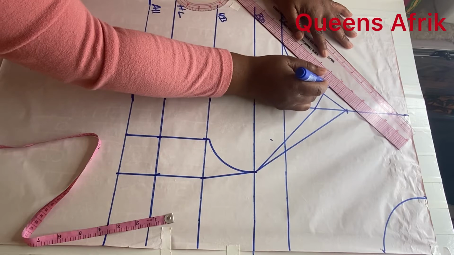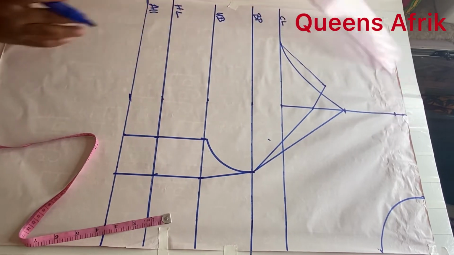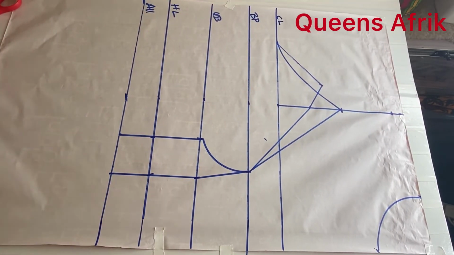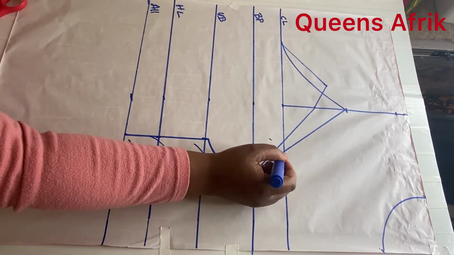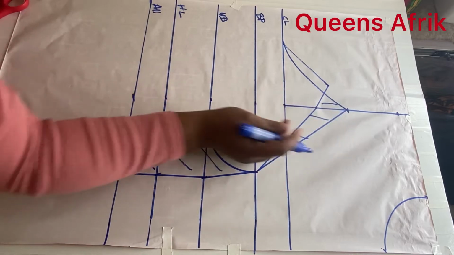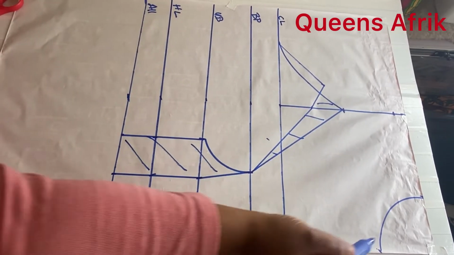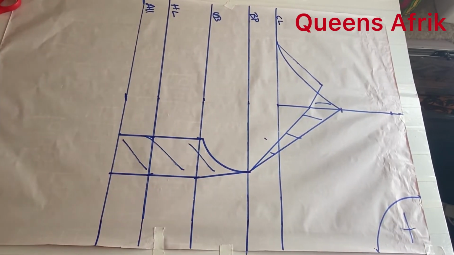Okay. And that's it. So now we're gonna cut here, there, there, there. I'm gonna cut it out, okay? And that's the neckline if you want to do it as well.